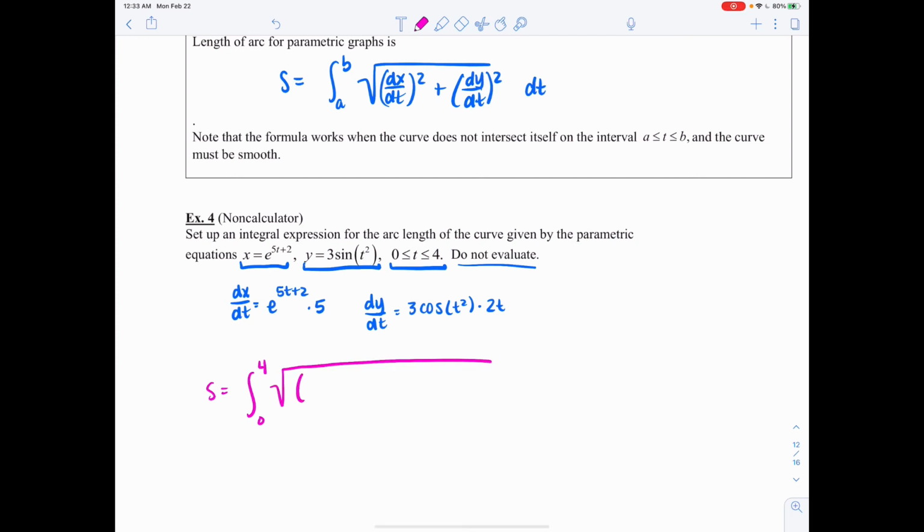We're going to take our 5e to the 5t plus 2. It gets squared. I'm going to multiply that 3 and the 2 and go 6t cosine t squared. We're going to square it and throw dt, and you've now written an arc length equation.